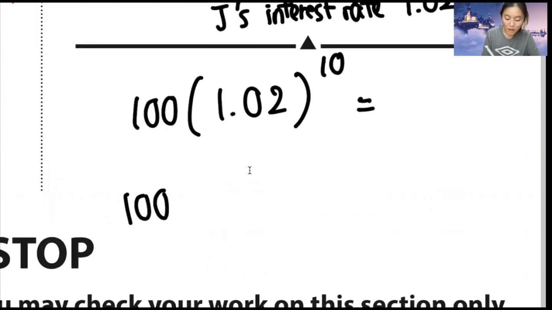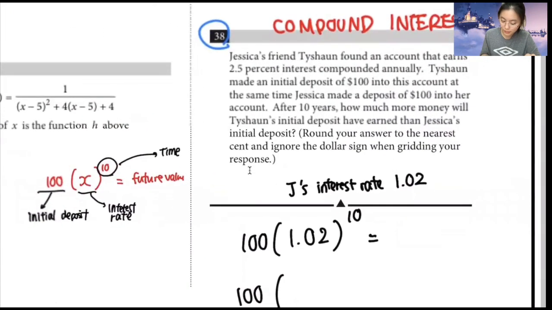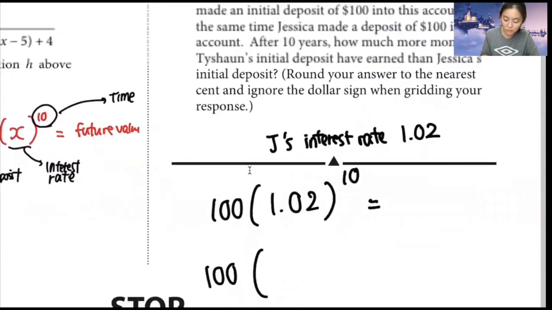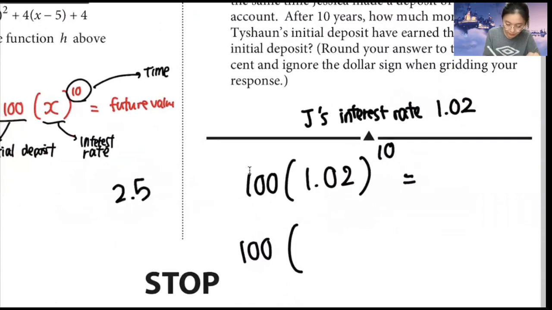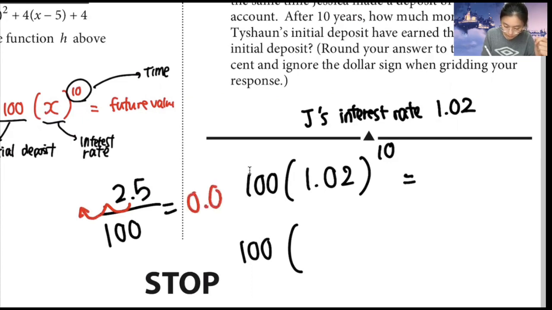But then Tyshawn, on the other hand, is 2.5% interest. So 2.5%, how would we express that, right? It's 2.5% out of 100%, which will mean you need to just slide the decimal point to 0.025. Oh, but then it's an interest rate.